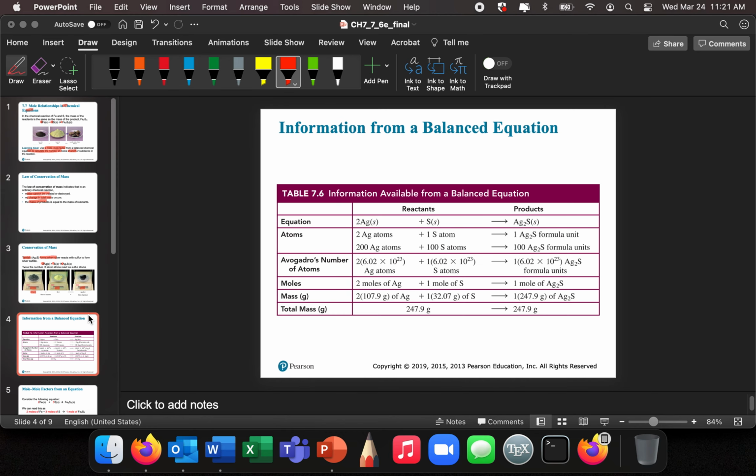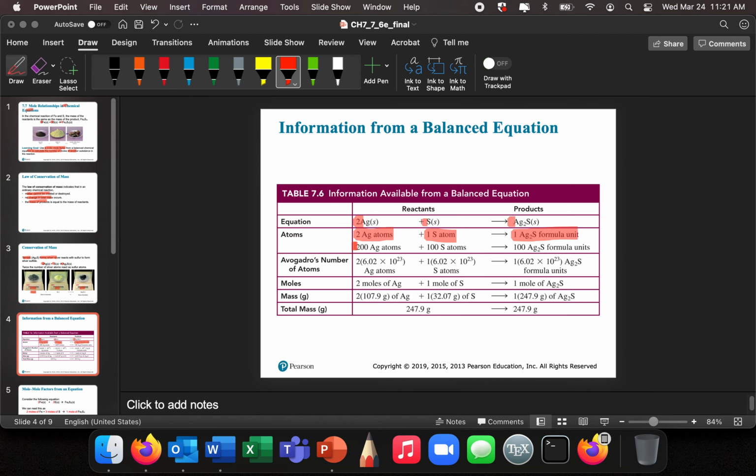All right? Now, we've used balanced equations only recently, yes, true, but we've used them, and here's what we get from this. Here's a balanced reaction: 2 moles of silver and 1 mole of sulfur gives 1 mole of silver sulfide. What we can get from that is this: if we have 2 silver atoms and 1 sulfur atom, then we're going to get 1 formula unit of silver sulfide.